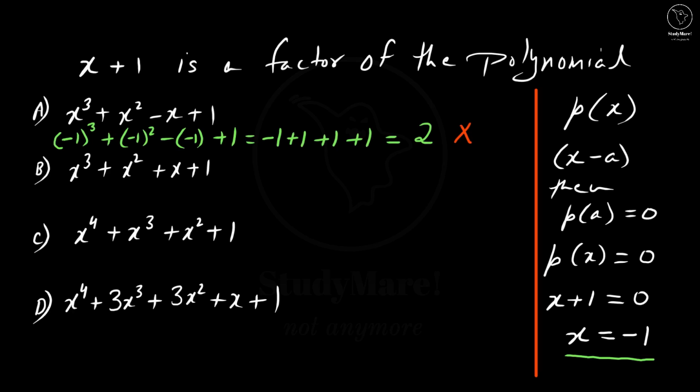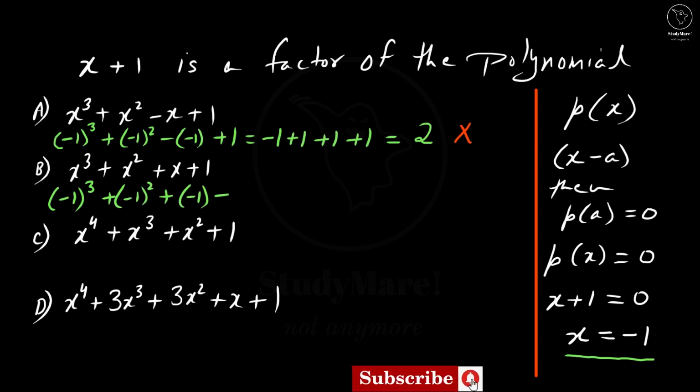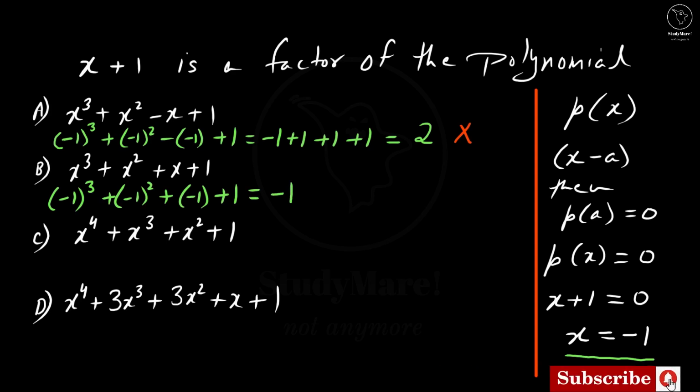Let's now pick up option B, x cube. So this becomes (minus 1) cube plus (minus 1) square plus (minus 1) plus 1. Just simplify this. (Minus 1) cube is minus 1. (Minus 1) square is plus 1, and we have plus outside, so this becomes plus 1.